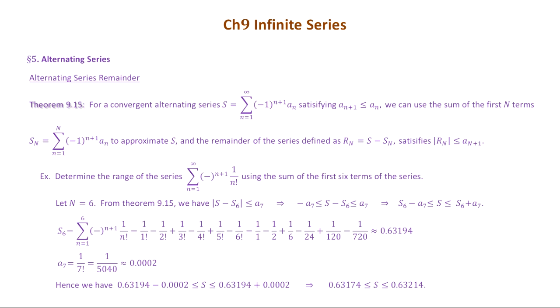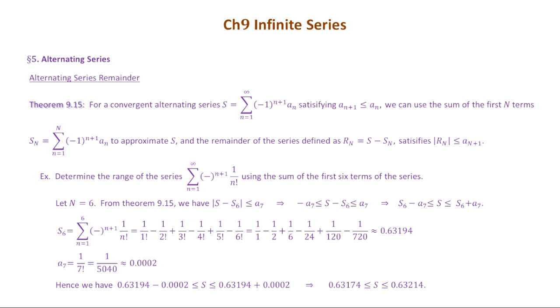So plugging those two numbers into the compound inequality we got, S6 minus a7 is less than or equal to S, which is less than or equal to S6 plus a7, we get 0.63194 minus 0.0002 less than or equal to S, less than or equal to 0.63194 plus 0.0002.